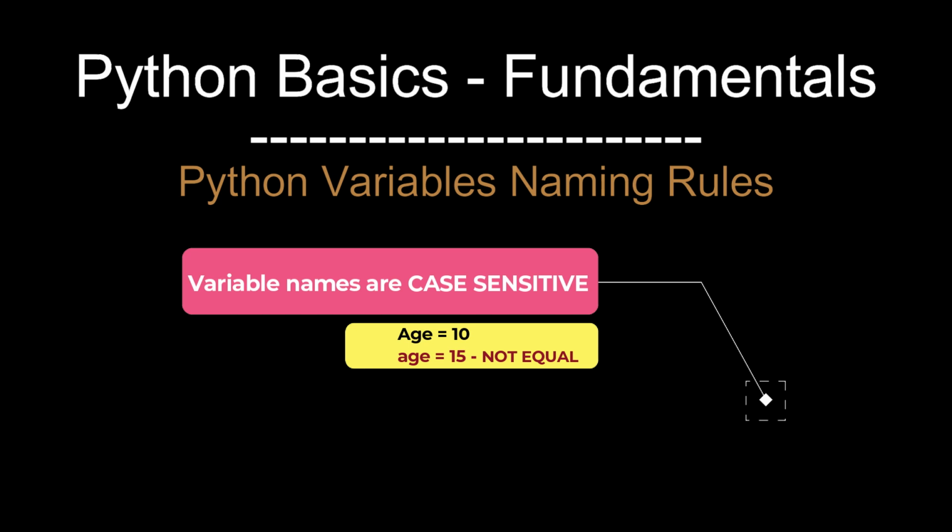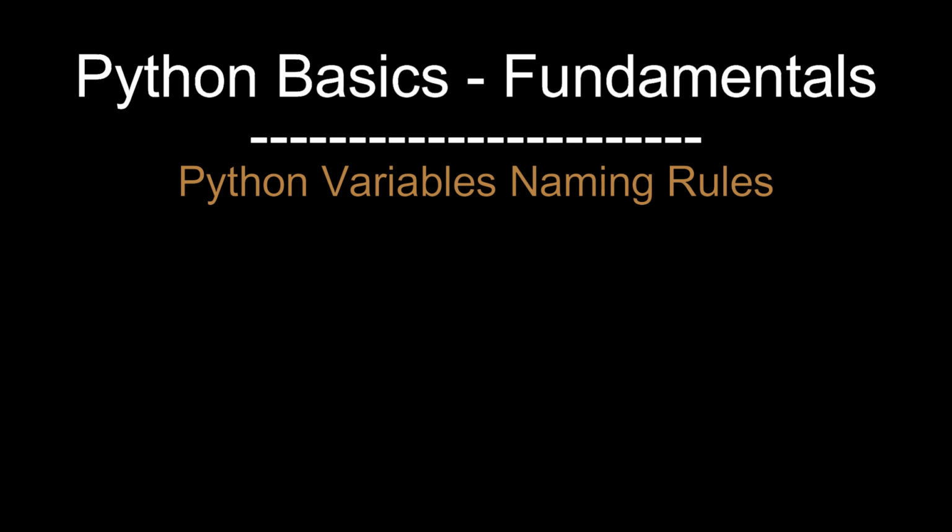You understand? So you must keep that in mind whenever you are creating variables. You can use camel case. I will show you some of those rules when we create the variables, and you can follow along.